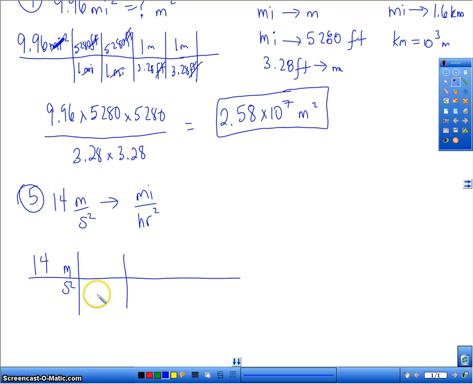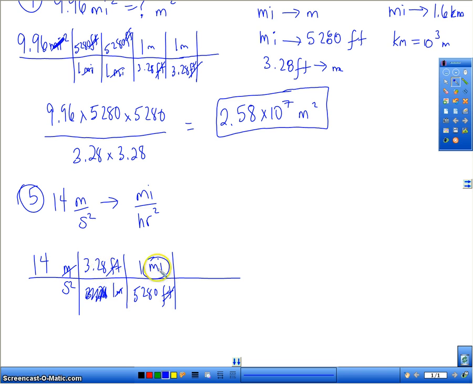So I'm going to do the meters to miles first. So let's do it this way. 1 meter is 3.28 feet. And 5,280 feet is a mile. So meters will cancel, feet will cancel, and I'll be left over with miles on the top.